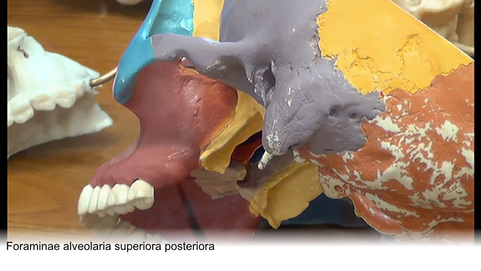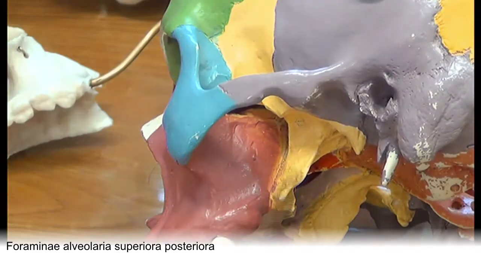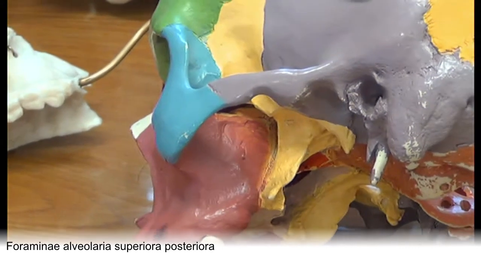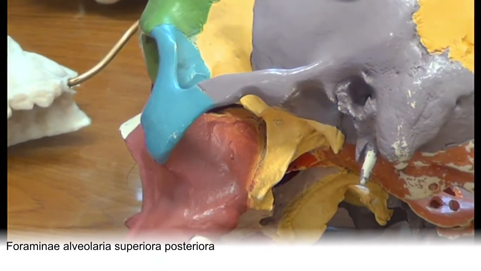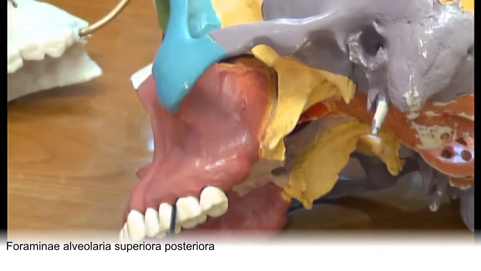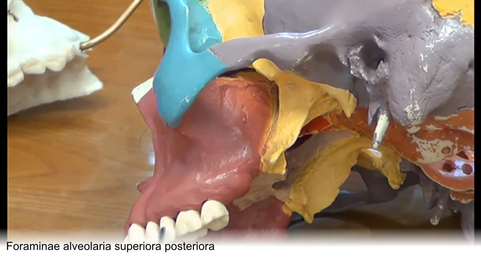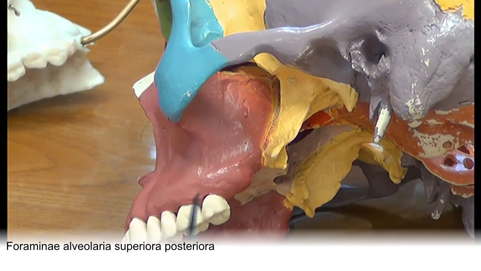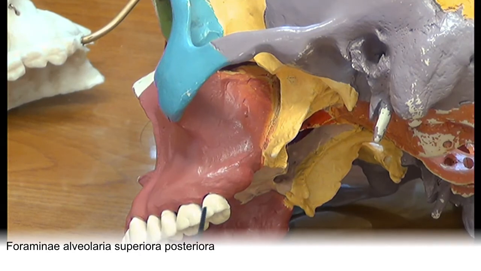Because it is for maxilla, the upper jaw bone, and posteriora because it's only for posterior teeth, that means for so-called molars. Molars mean the three last teeth, that means 8th, 7th, and 6th.